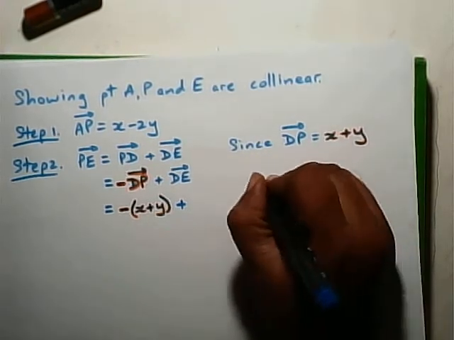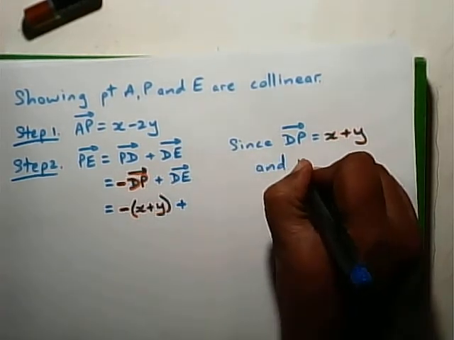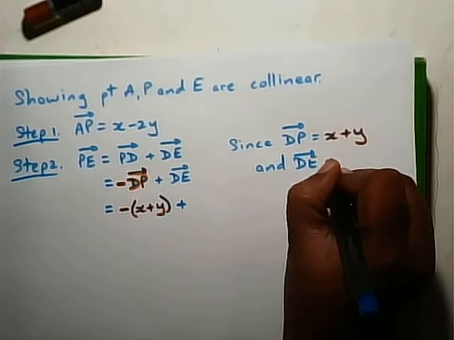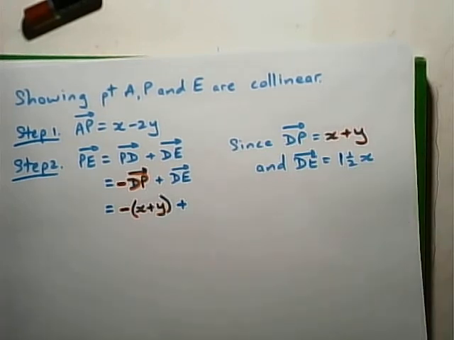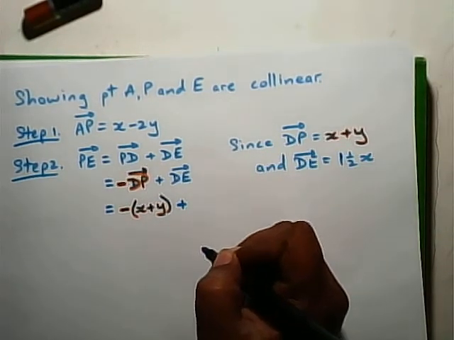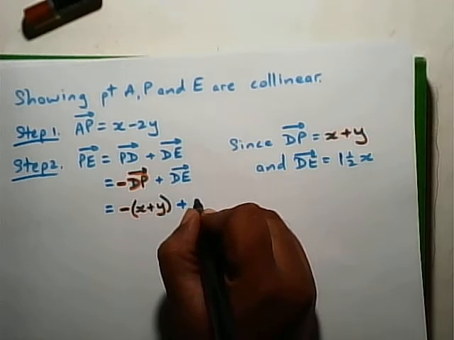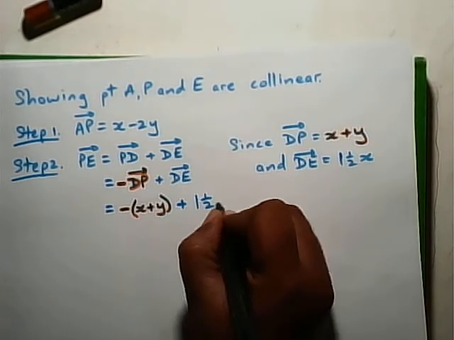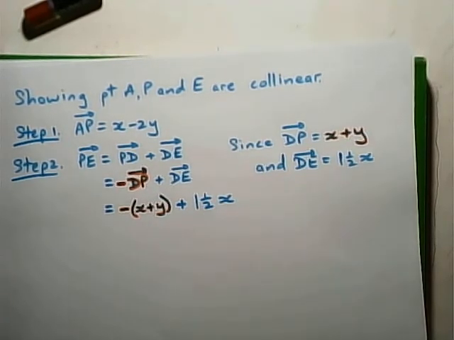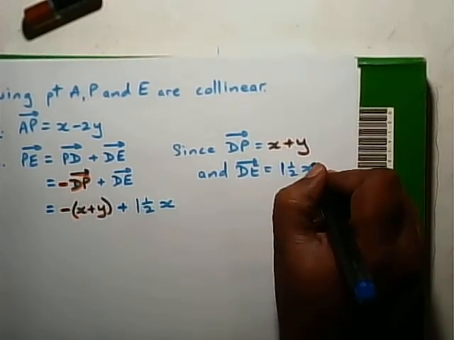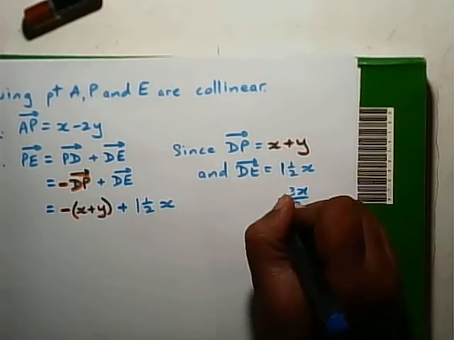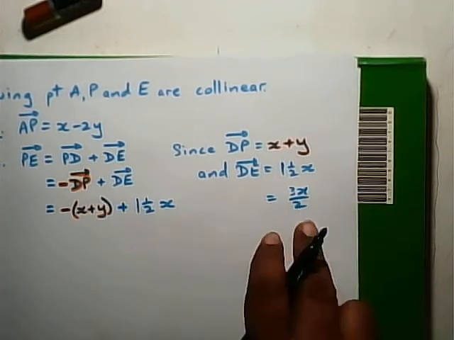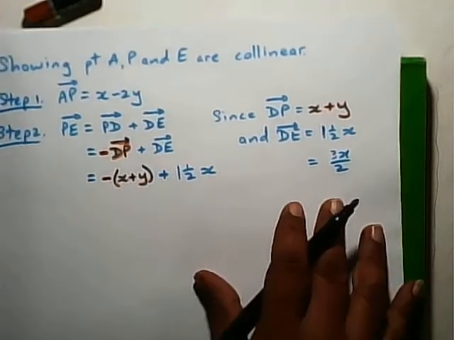It would have been 3x divided by 2, and that's why I get 1.5x. Good.